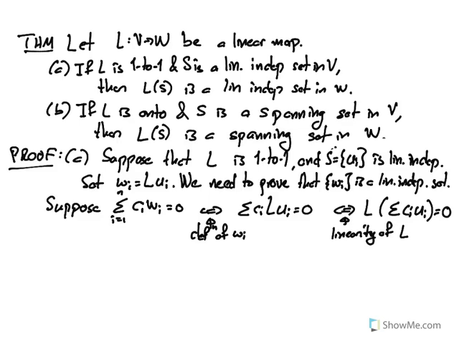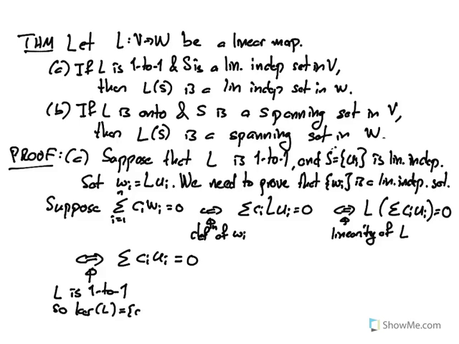And now since L is 1 to 1, this last statement is equivalent to that being 0. Here I use that L is 1 to 1, so it has only the trivial kernel, so the only vector that L maps to 0 is the 0 vector, so the argument of L must be 0.